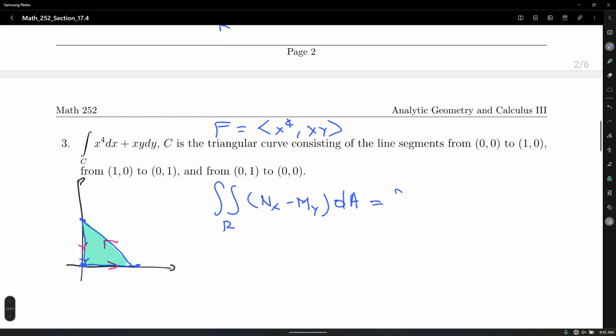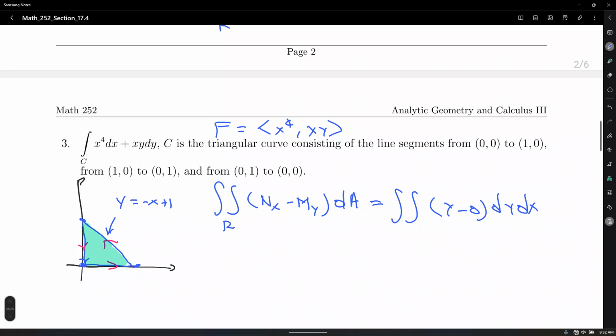Double integral of the partial of N with respect to x, isn't that y, minus the partial of M with respect to y. The partial of N with respect to x is y, the partial of M with respect to y is 0. I'm going to do dy dx because I'm going to take the region as vertically simple. This diagonal right here is y equals negative x plus 1.